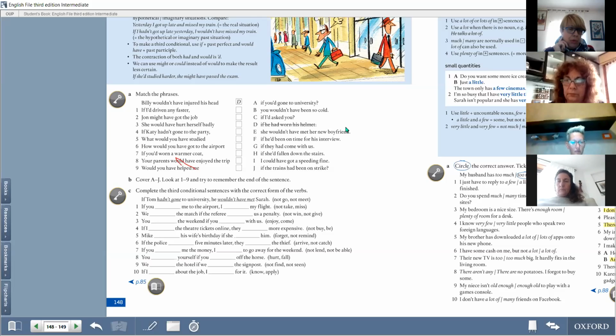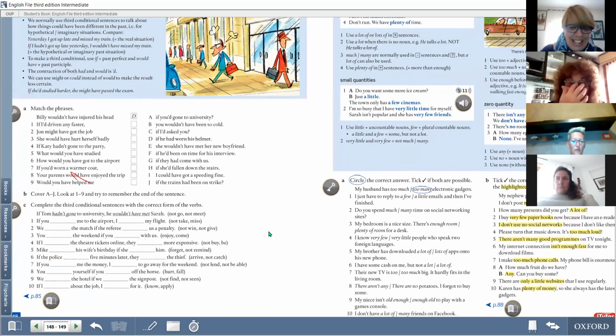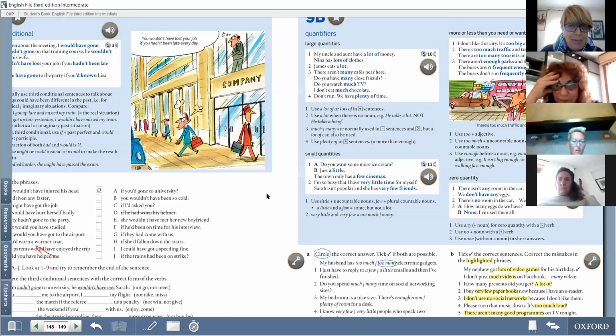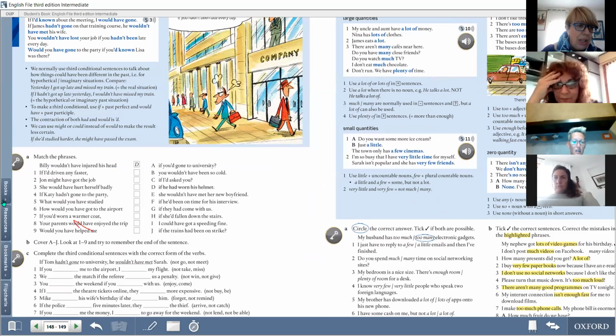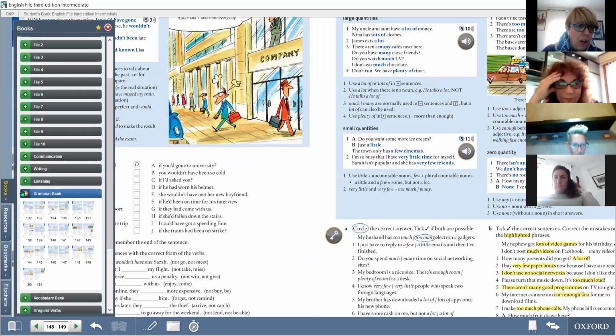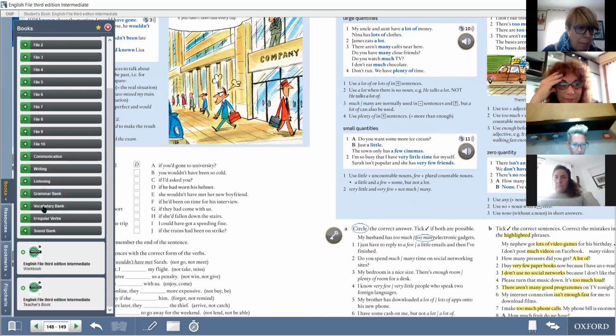So I would prefer that you do this kind of exercise by yourself by writing, if you want. If you don't want, it's up to you. I always tell you. Okay, now let's see something different, let's make a revision of vocabulary together.